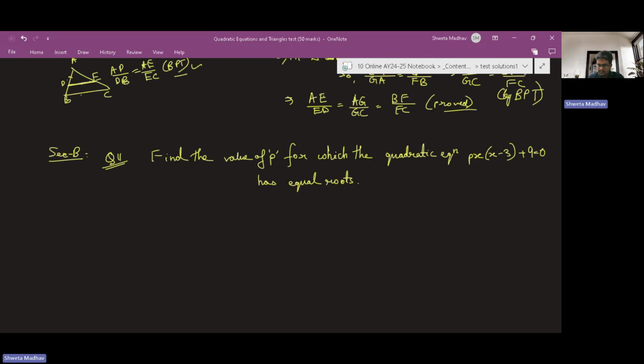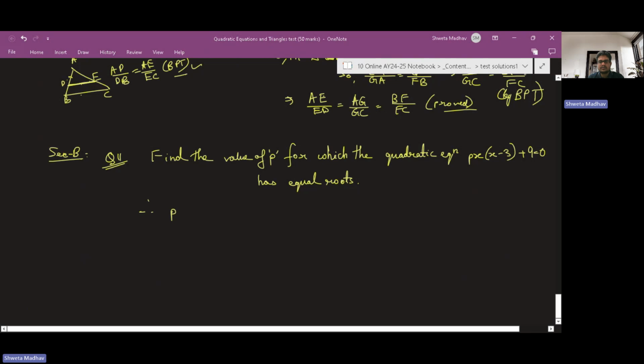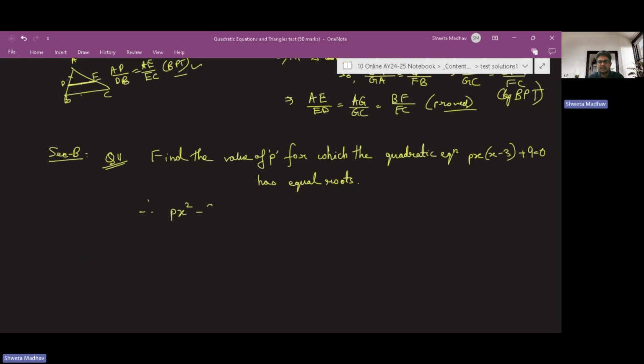So therefore the given quadratic equation, you can say, is px square minus 3px plus 9 equal to 0.